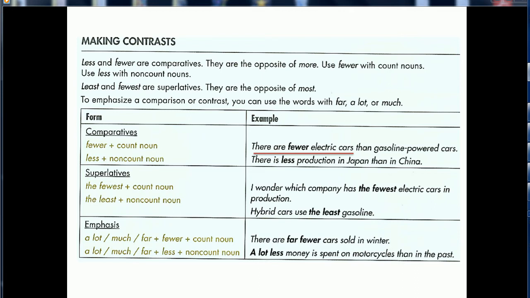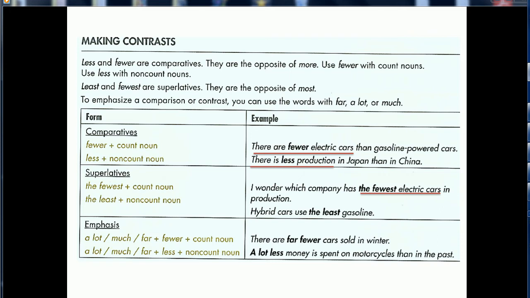And then we have superlatives. The fewest plus count noun and the least plus non-count noun. Now let's read the example. I wonder which company has the fewest electric cars in production. Alright, superlative form using the fewest plus count noun, which is cars, electric cars.